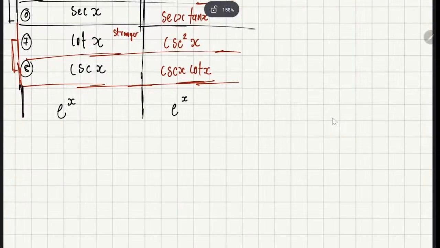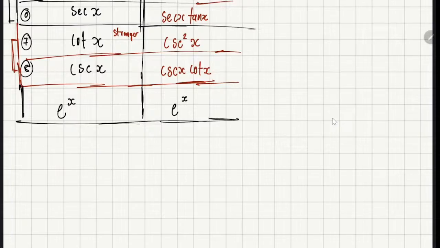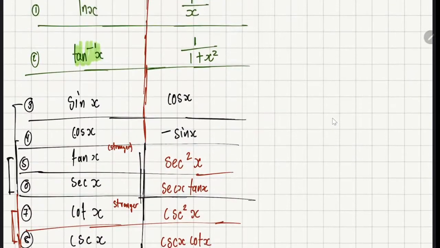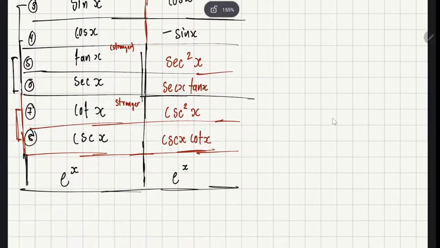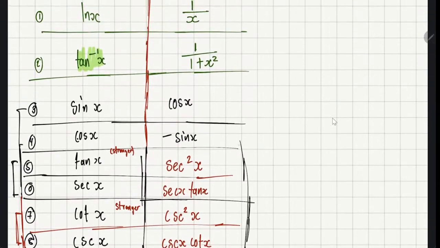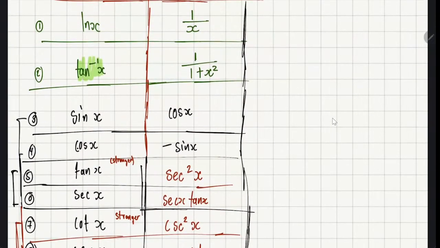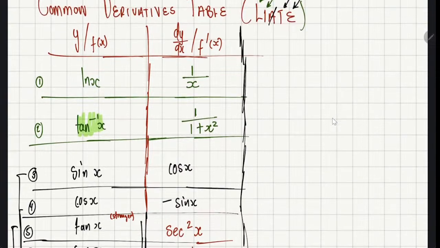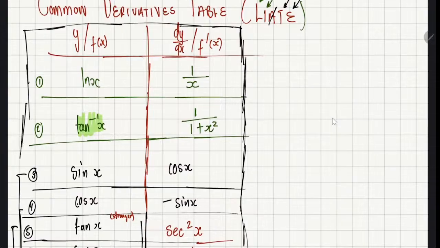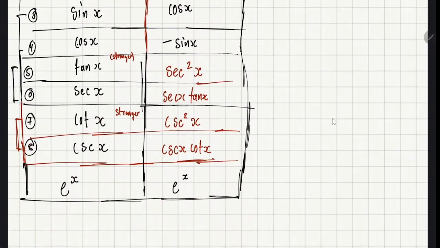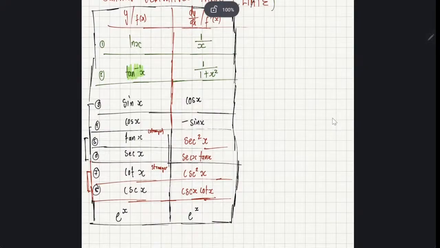You get e to the x. So guess what, mathematician? You now know the first part of this journey. You now know how to differentiate all the 5 types of functions. Don't be scared. If you know this table, then you know the first part.